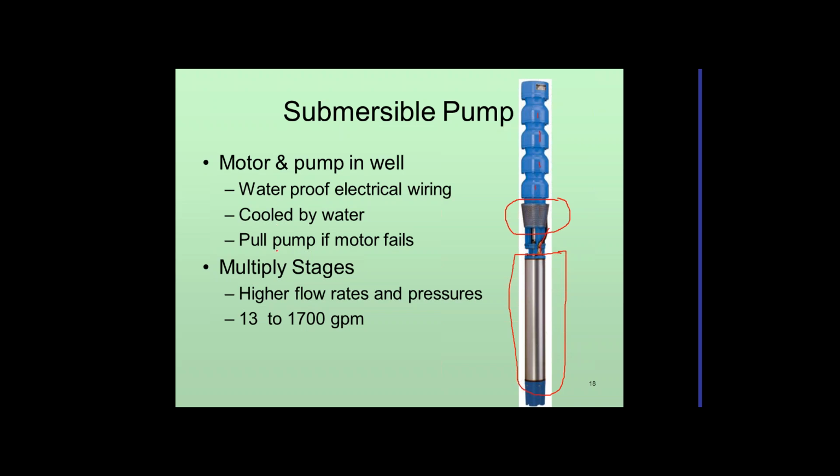One disadvantage, although they have very long life, is that if the pump fails, you've got to pull the whole thing out of the well to service the motor. These are the multi-stages I've shown you, and they can have very high pressures and flows, up to 1,700 gallons a minute.